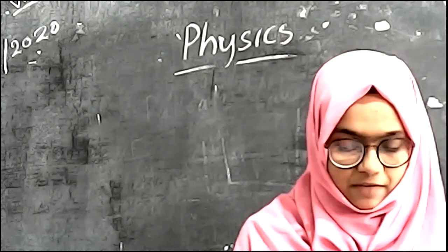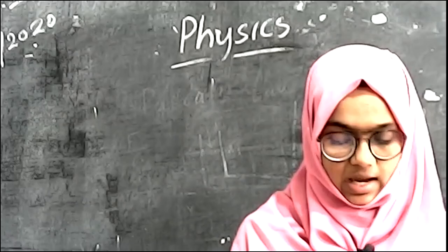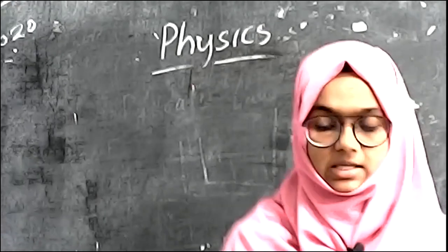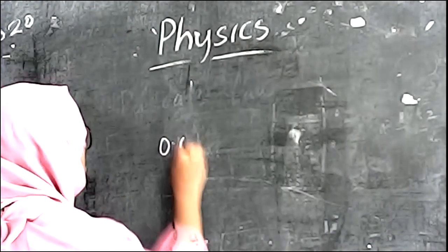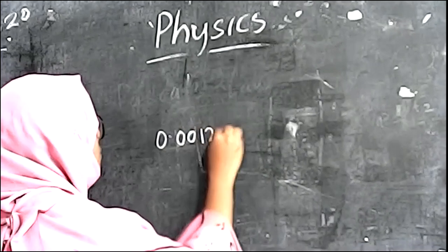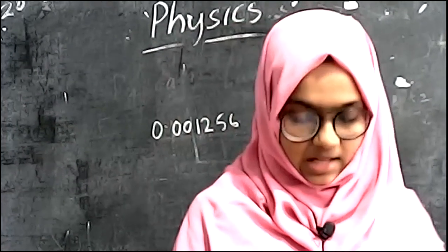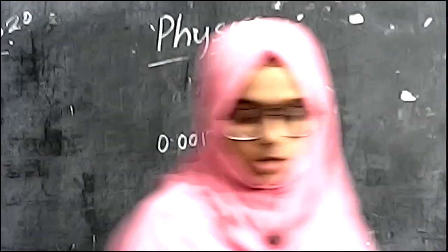Two tubes of different area of cross section filled with a liquid are connected. The area of cross section of the small pipe is 0.00125 and the area of cross section of the other one is 0.0216.